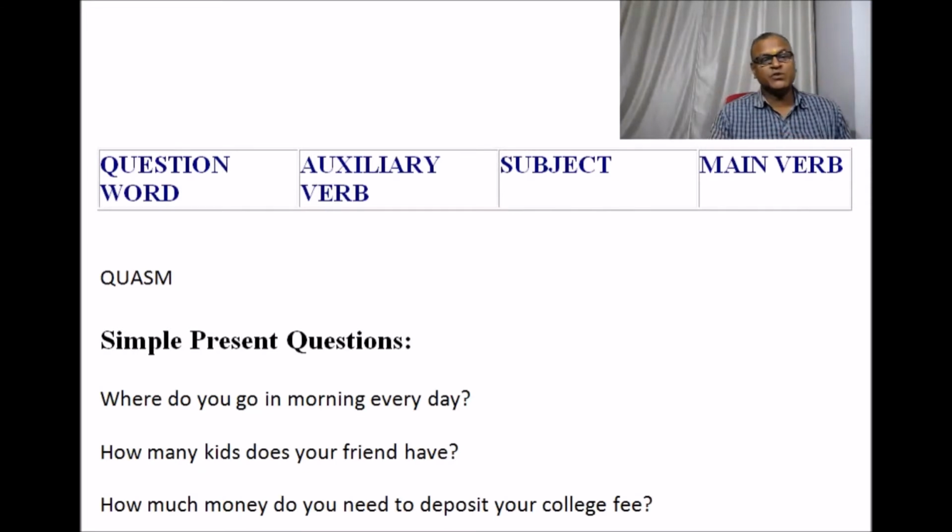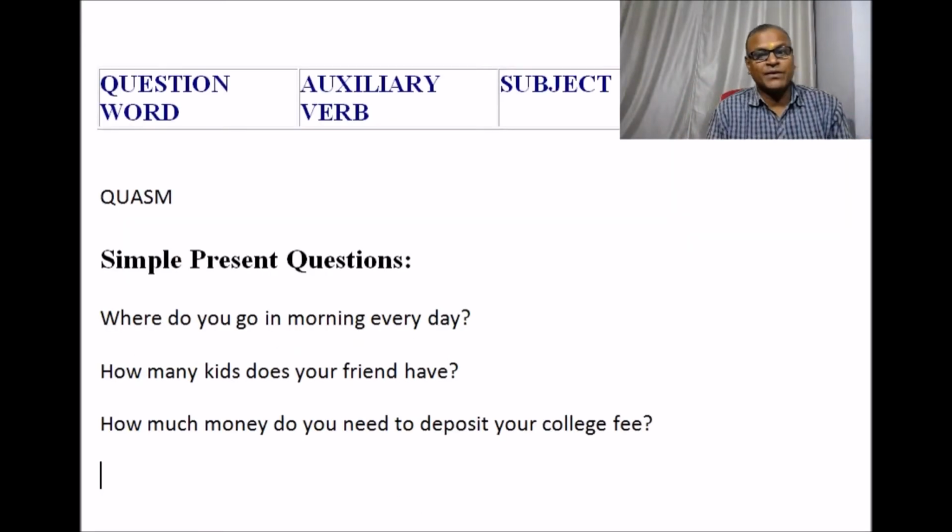How much money do you need to deposit for your college fee? So how much money is the question word, auxiliary do, you, need. Then you can extend your question as per your requirement. Okay, so this is the present simple question.